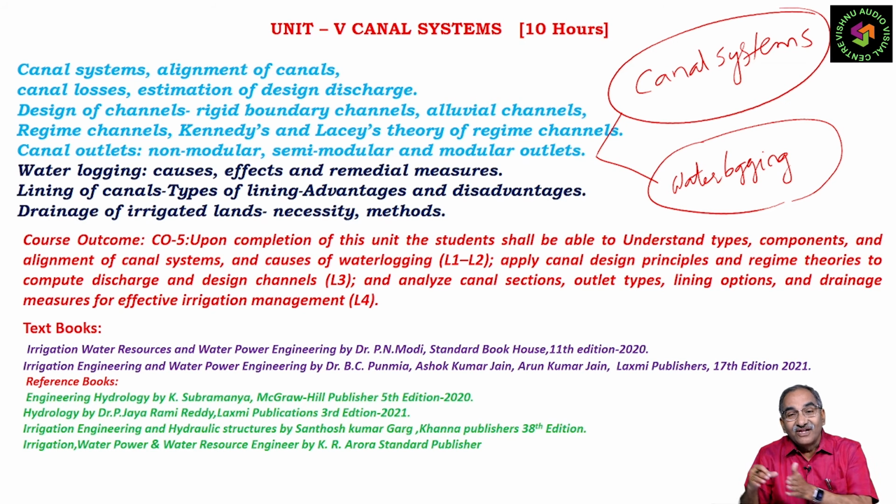And in the last unit, how to take water from a river to the field, the canal system. And while doing all this process, naturally, what is waterlogging? Because that phenomenon you should not allow at any cost.